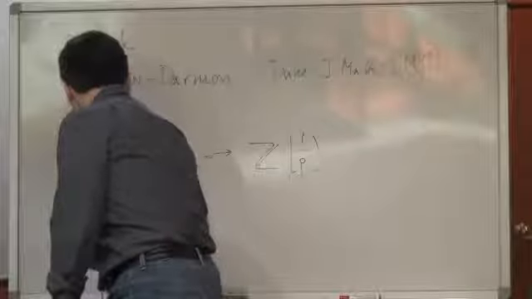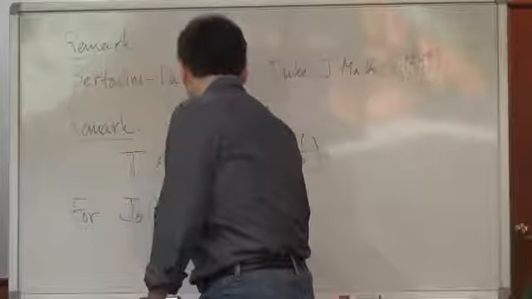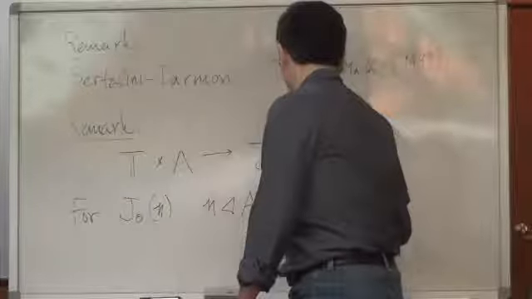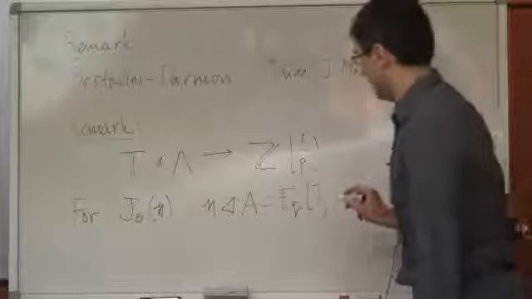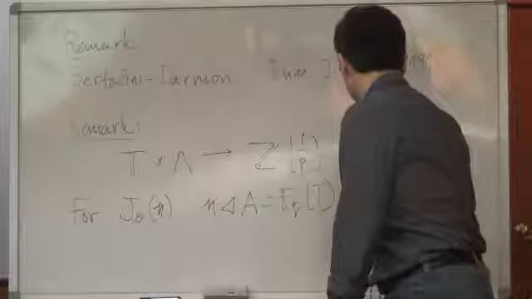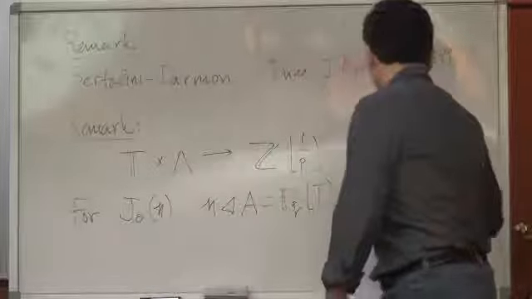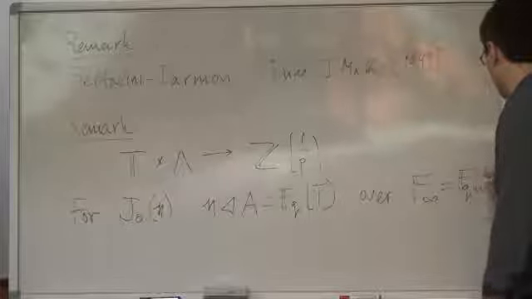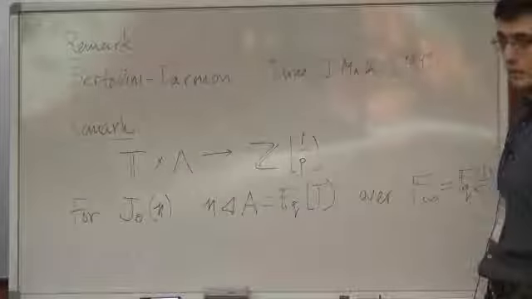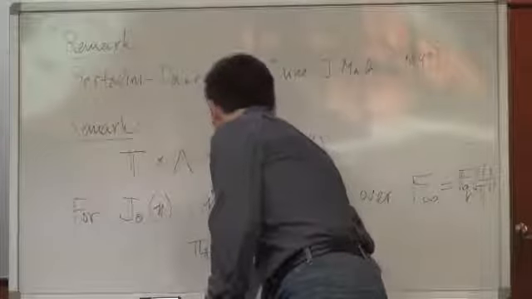So for J_0(n), where n is some ideal, and you consider this over the completion of your function field, this is F_q((1/T)). Well, this is still a degenerate Jacobian, so it follows that this is surjective.